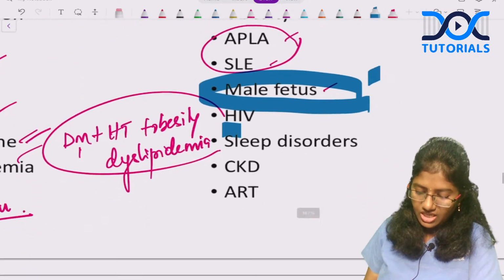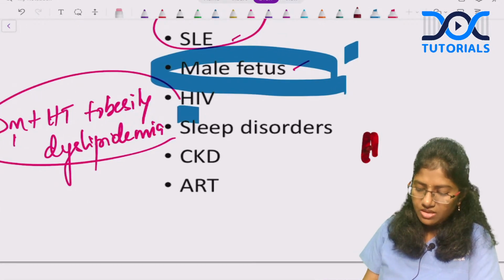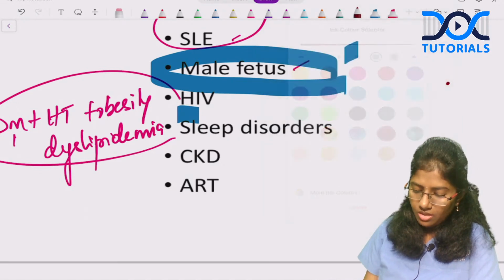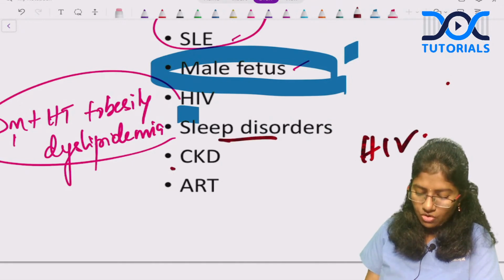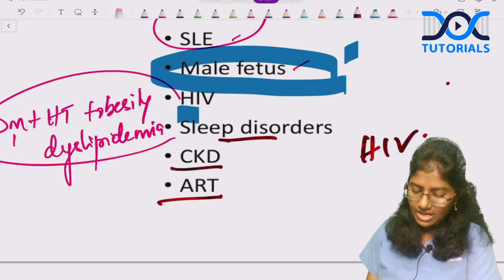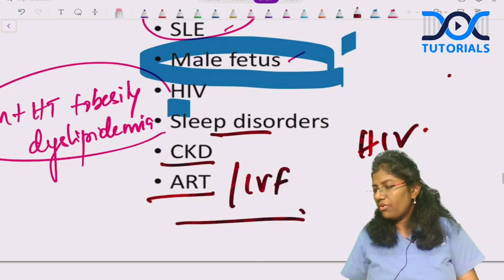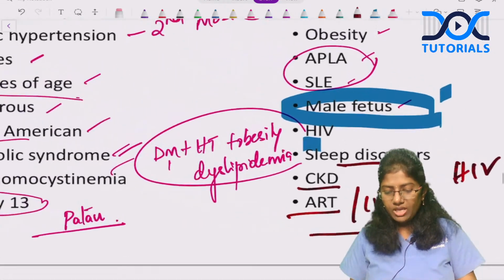HIV positivity, guys. HIV increases the risk of preeclampsia. Next is sleep disorder, sleep apnea, chronic kidney disease and ART. ART means IVF pregnancy. So, these are the risk factors for preeclampsia.